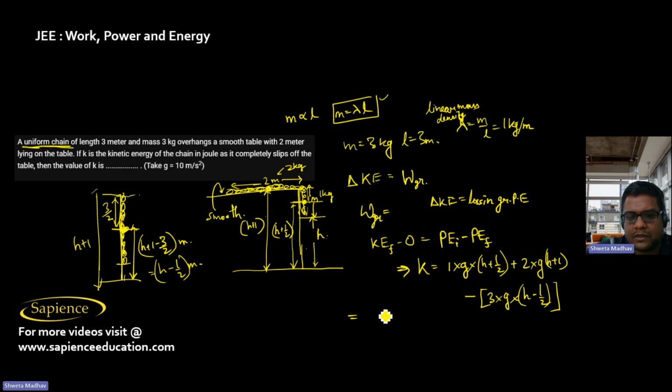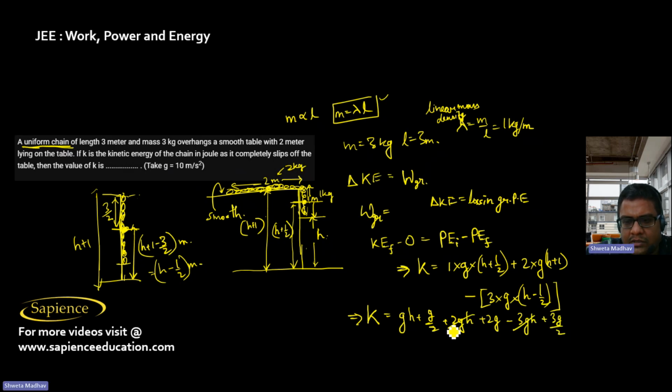So therefore we can say this K, the final kinetic energy of the chain when it slips off the table, then this will be gh plus g by 2 plus 2gh plus 2g minus 3gh, then minus minus is plus, plus 3g by 2.